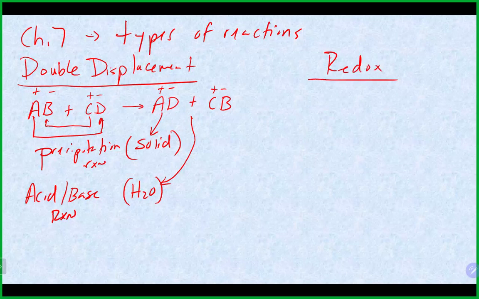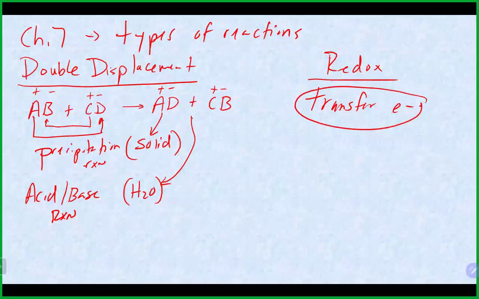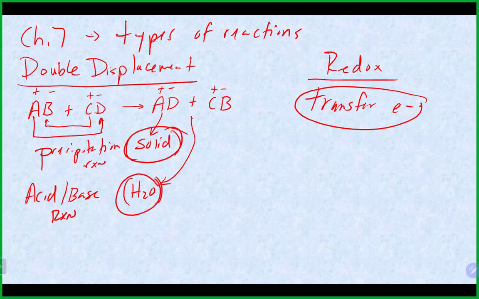Redox reactions are oxidation and reduction reactions, and they take care of the third reason why a reaction might take place, which is a transfer of electrons. So those three things, electrons being transferred, the formation of a solid, or the formation of water: pretty much every single reaction that you see will boil down to one of those things happening. And that is the three reasons why a reaction takes place.